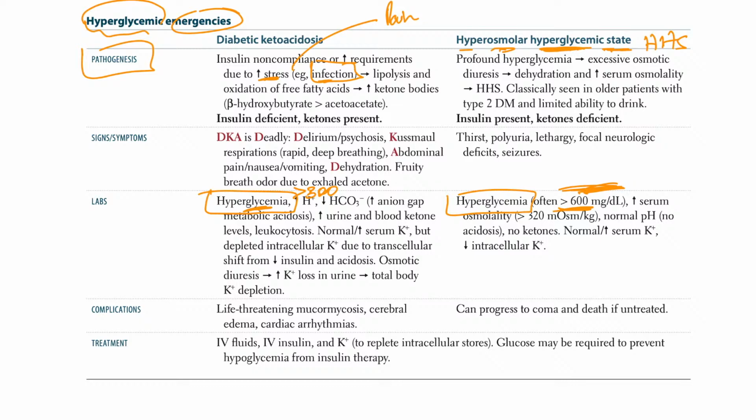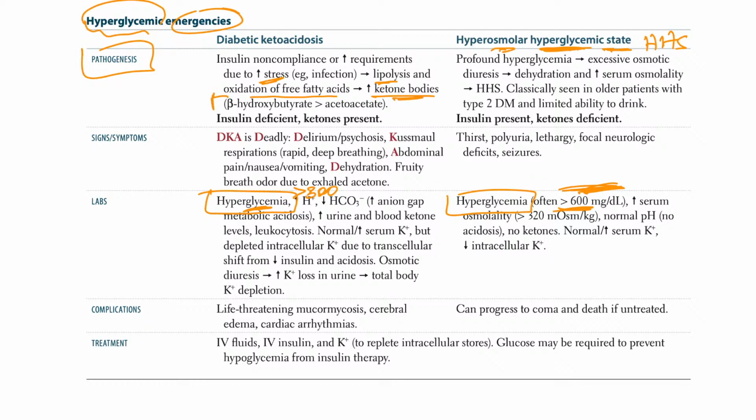Other than that, you have sleep deprivation, severe mental, emotional distress. All of that would increase the stress. And with increased stress, you're going to cause increase in lipolysis and oxidation of free fatty acids. And that's going to cause increase in ketone bodies. Which ketone bodies are we looking at? High yield, and you will see that in biochem.